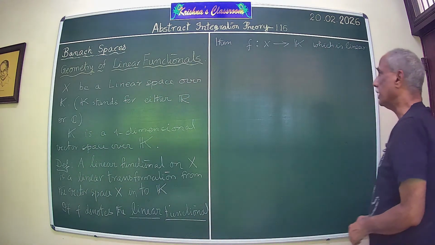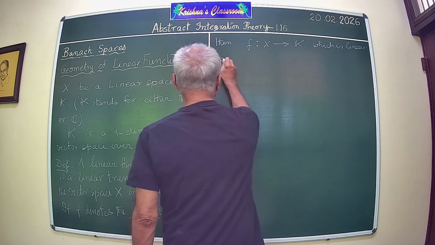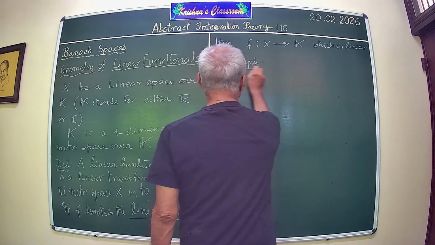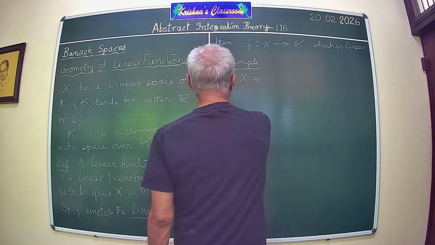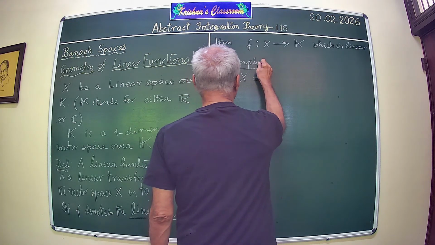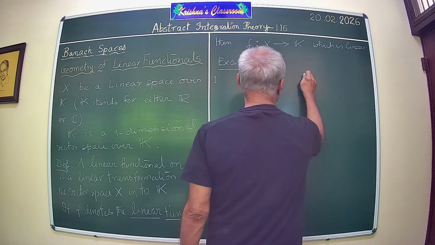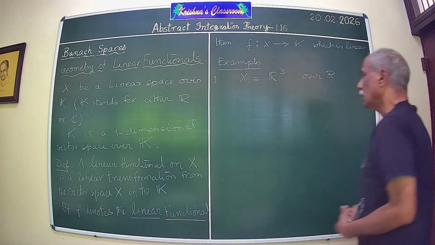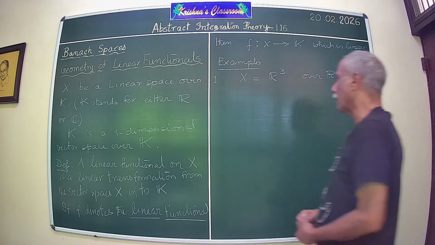Now, let us give some examples. Consider X equal to R3. It's a three-dimensional real vector space.